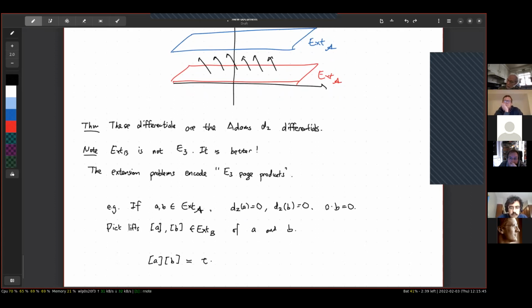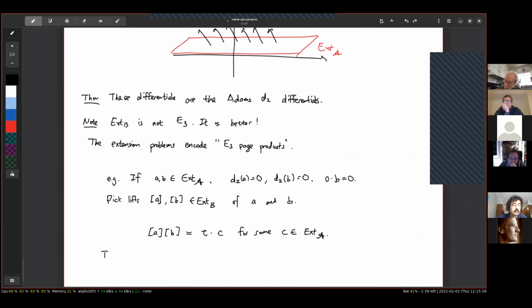So this will be of the form tau times C for some C in X over A. So this tells us there is a hidden tau extension from B to C. So looking at X over B instead of just the Adams differential gives you much richer structure about these hidden extensions.